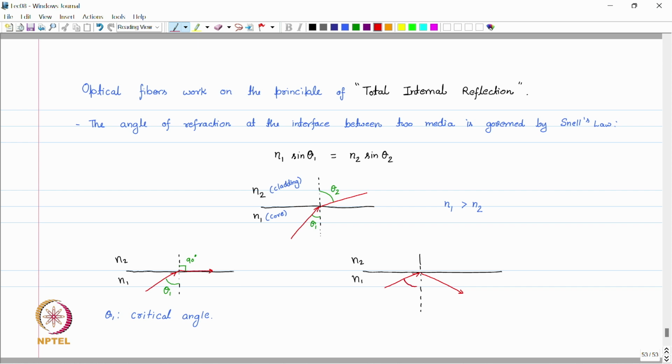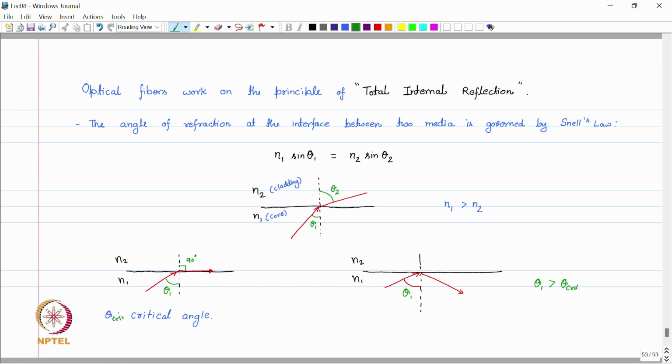Let us say this is the angle theta, where theta is greater than theta 1, or let us say we call it theta critical. This is our theta critical angle, and now our theta 1 is greater than theta critical.